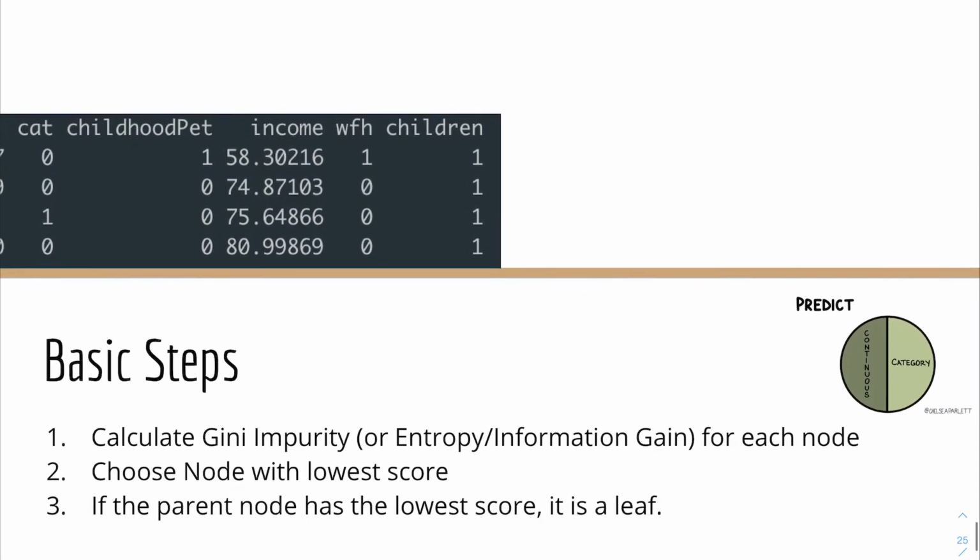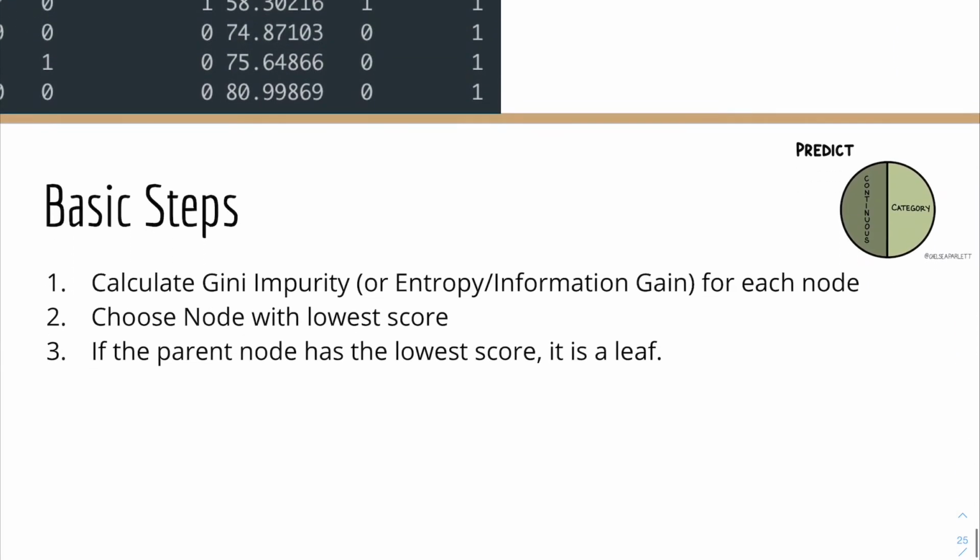So, in essence, the way that we build our tree structure is we make a split, whether on a categorical variable by the category, or if it's a continuous variable, we look at each possible split we could make. And we calculate the Gini impurity for each node. Now, we did Gini impurity.